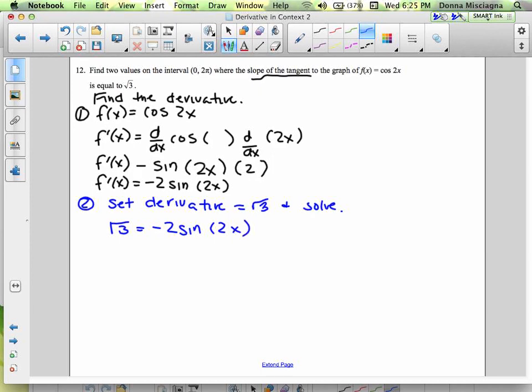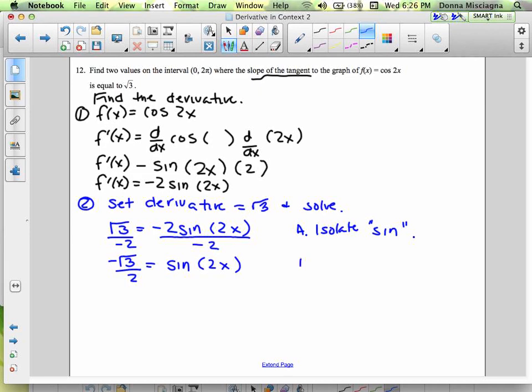The first thing we need to do is isolate the sine expression. So we're going to divide both sides by negative 2. That gives us negative square root of 3 divided by 2 equals sine 2x.